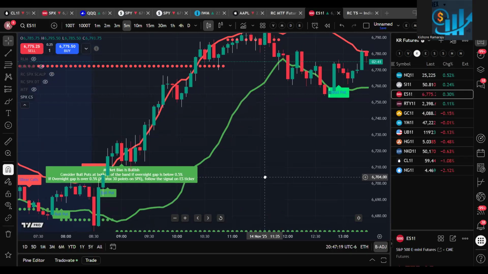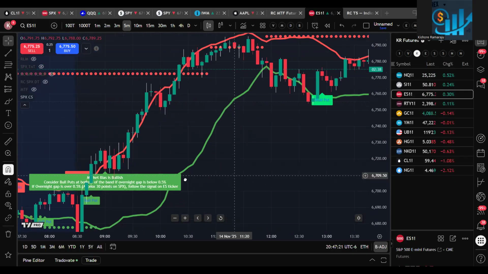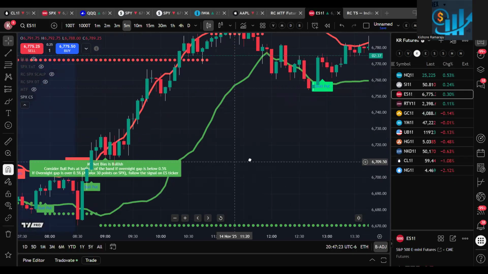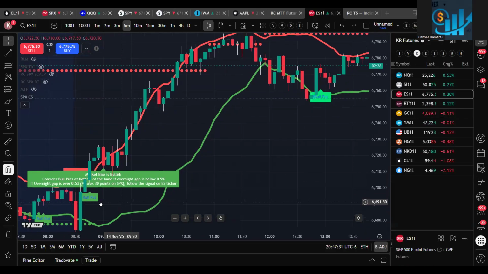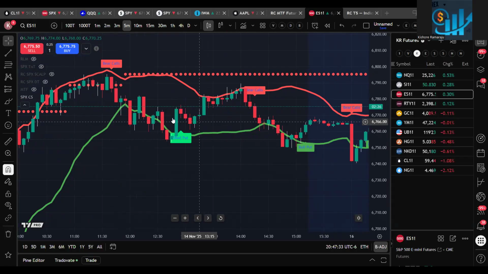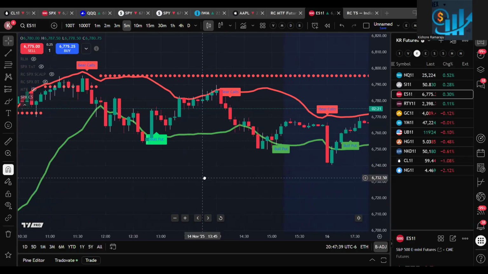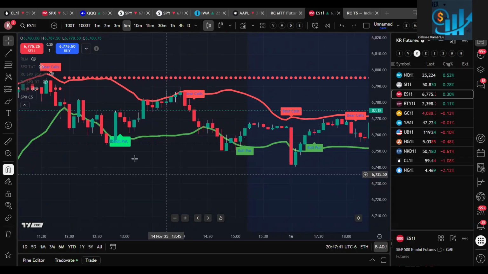Whenever price comes to the bottom of the band, you do the bull puts, or you go a little bit lower and select the strike price here. You consider the bull puts. You got the buy, you go a little bit below. You do the bull puts like that until 12 o'clock. You can do it for the same day. After 12 o'clock, if you find a bull put, you do it for the next day expiry.